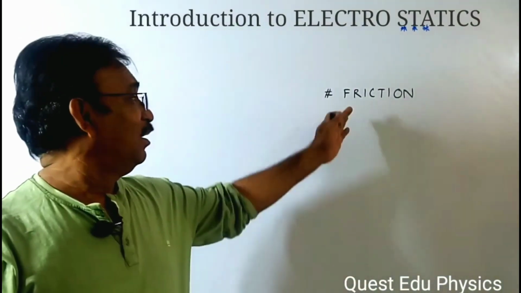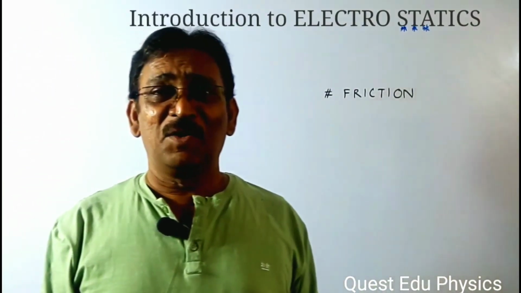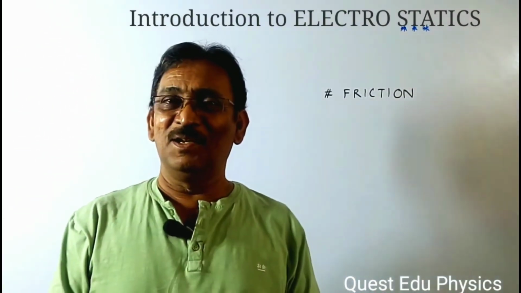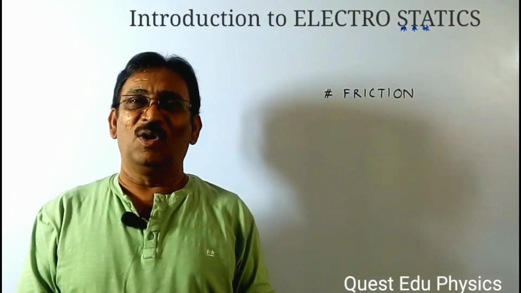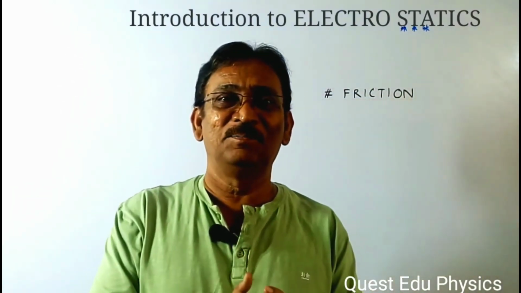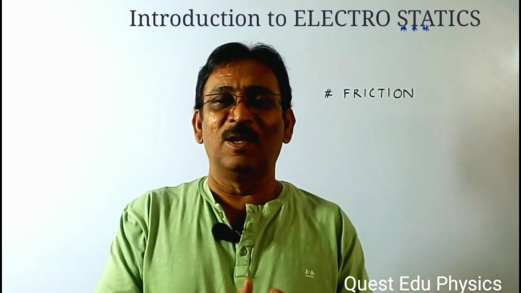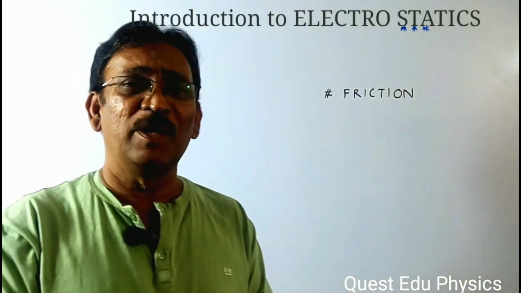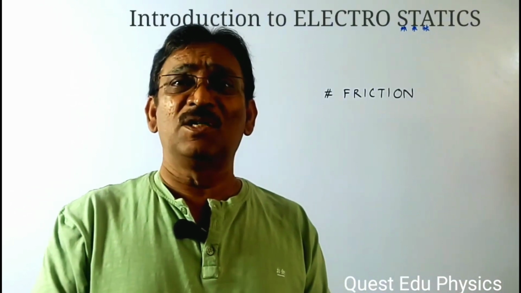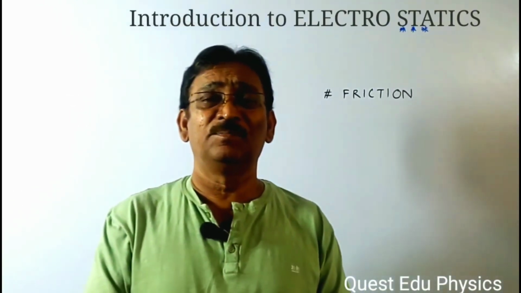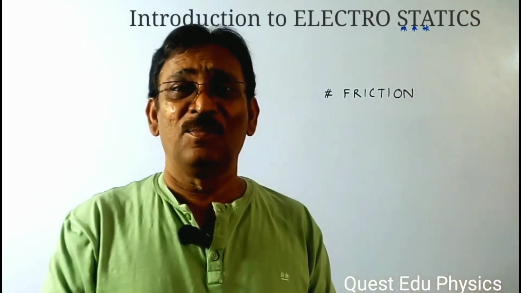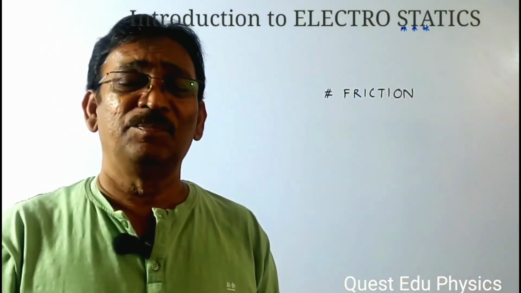Here, friction means what? A force. Friction is a force. When you rub two bodies together, what happens? The charges will transfer from one body to another. In your early studies, maybe you did an experiment.